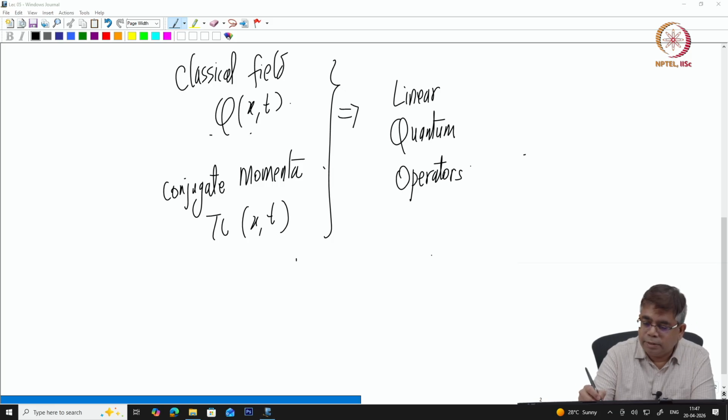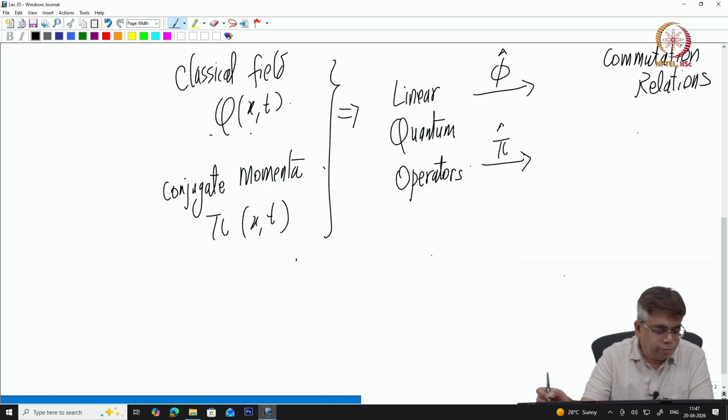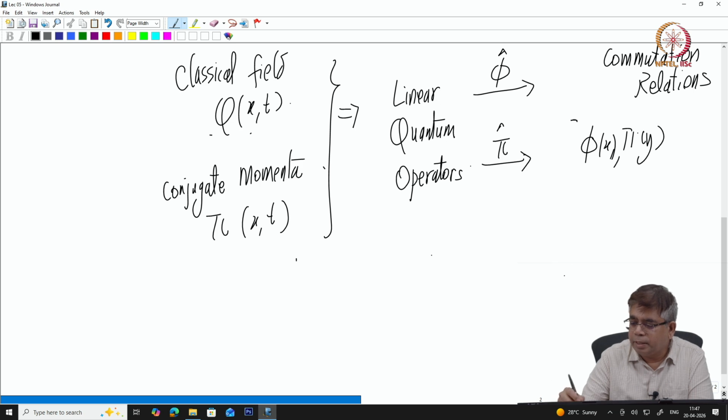So these are essentially what we did by defining them to be phi cap, and then imposing the commutation relations, which are essentially phi of x,t and pi of y at the same time is delta cube of x minus y.